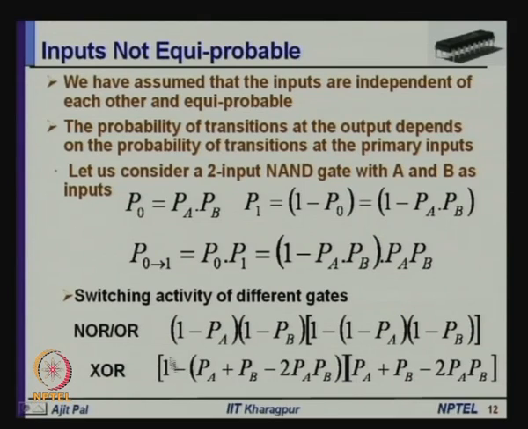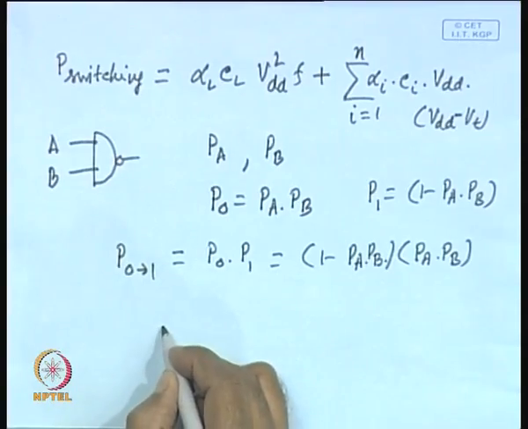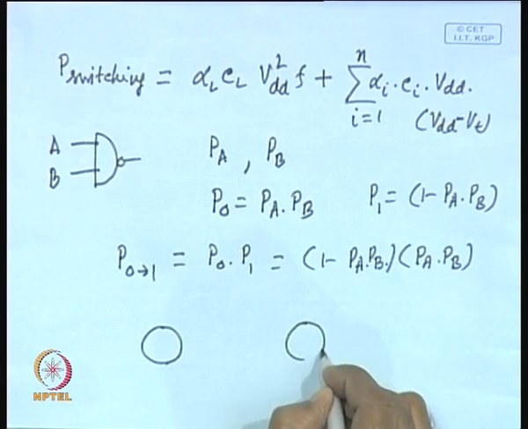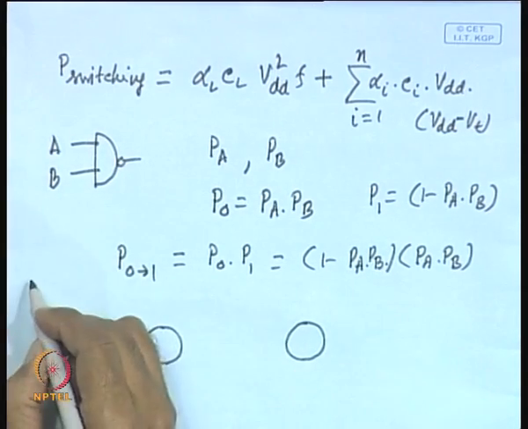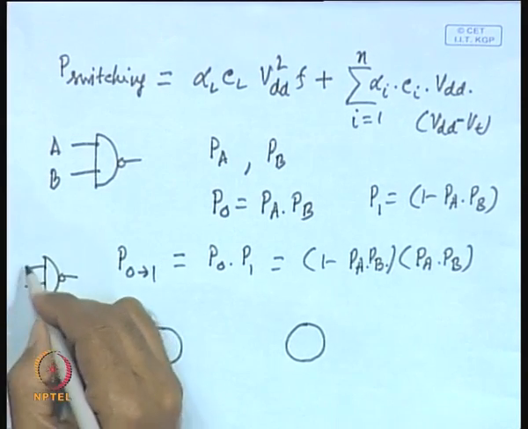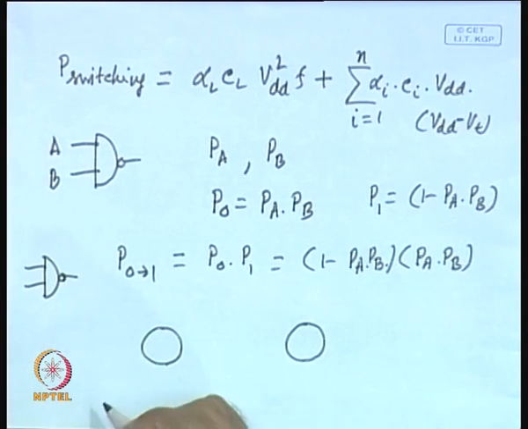coming from different sources. In fact, with the help of a simple NAND gate, if the output is coming from a NAND gate, we can find out the probability of transitions. For example, say we have a NAND gate, and as we know the inputs may be equiprobable here, but the probability of transition to 0 and 1 are not equiprobable.